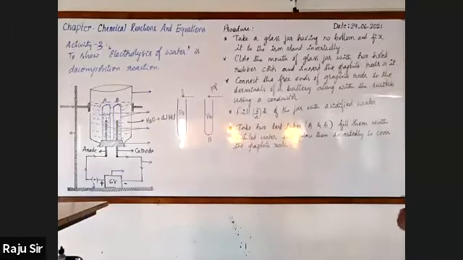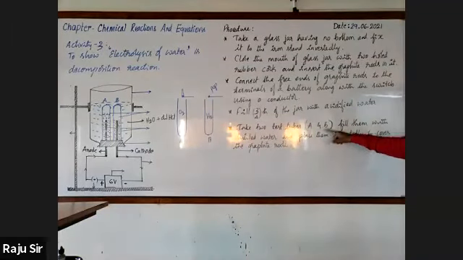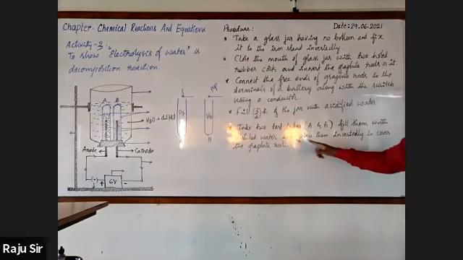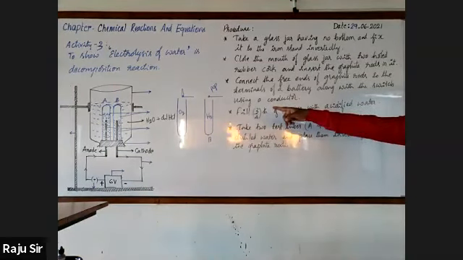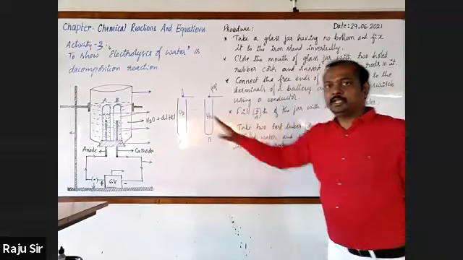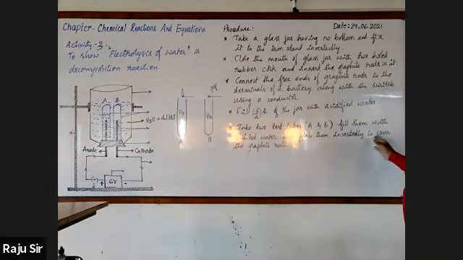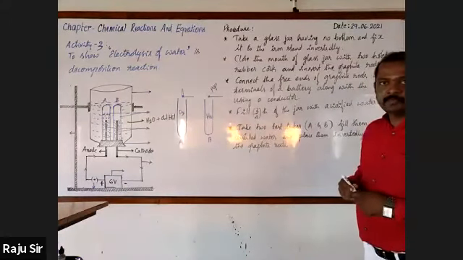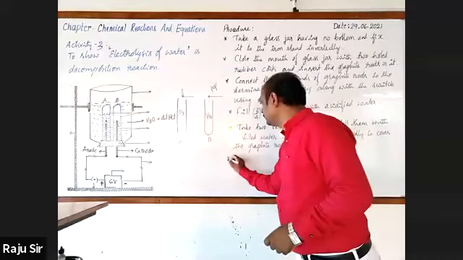Take 2 test tubes A and B, fill them with distilled water and place them invertedly over the 2 graphite rods. Clear? Next one.